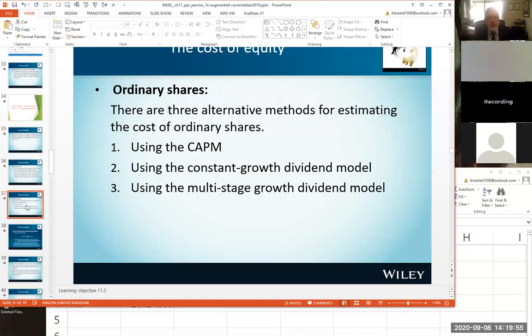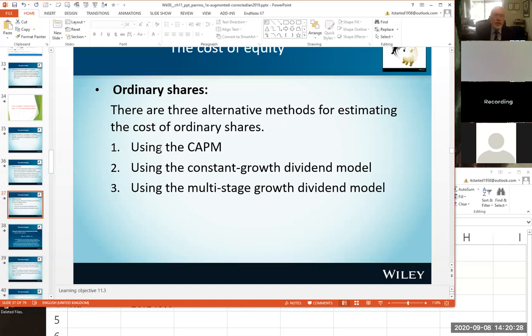The three alternative methods: using a capital asset pricing model. Well, it's kind of handy that we've gone to all the trouble of learning the capital asset pricing model. Now we're going to put it to work. Alternatively, you can use one of the equations or methods that we've used for directly calculating the cost of ordinary shares, capitalizing the dividends in a growth or even in a supernormal growth environment.